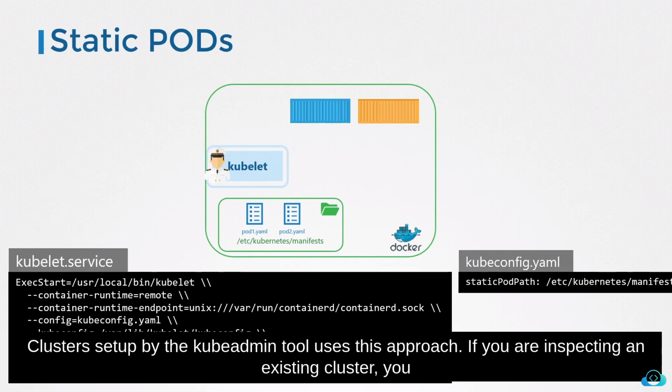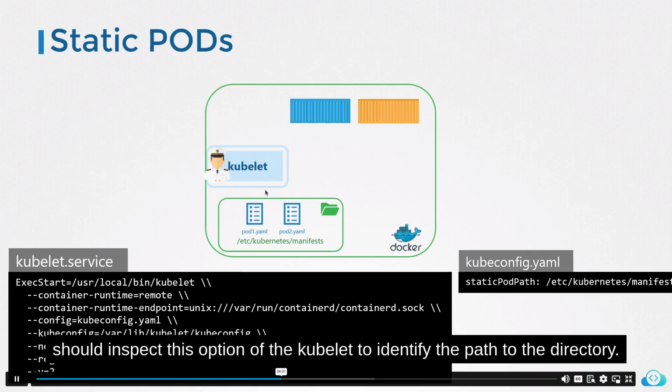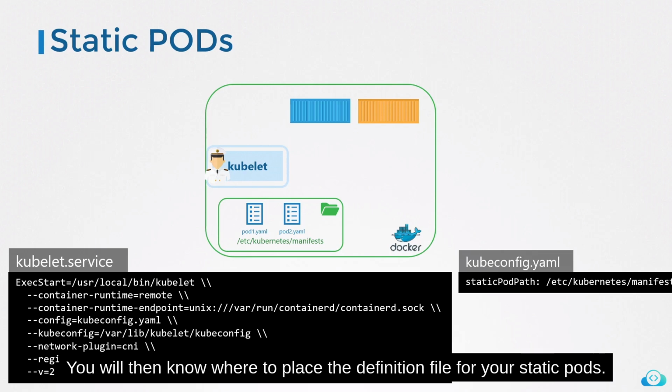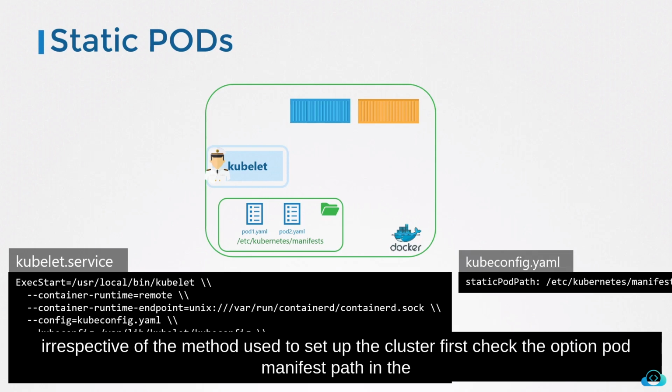If you're inspecting an existing cluster, you should inspect this option of the kubelet to identify the path to the directory. You will then know where to place the definition file for your static pods. So keep this in mind when you go through the labs. You should know to view and configure this option irrespective of the method used to set up the cluster.